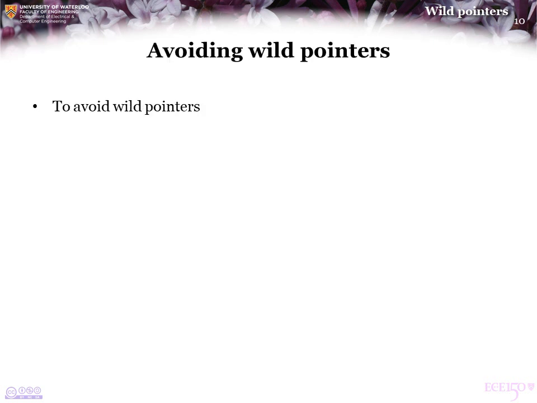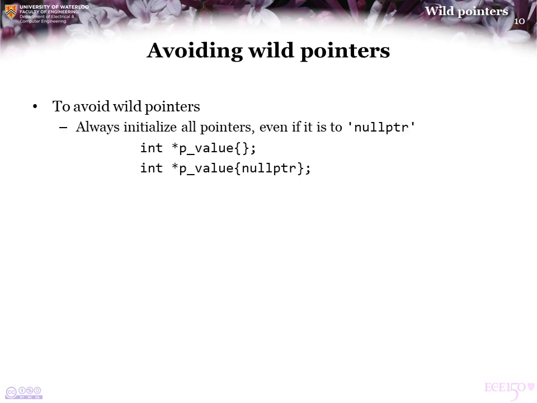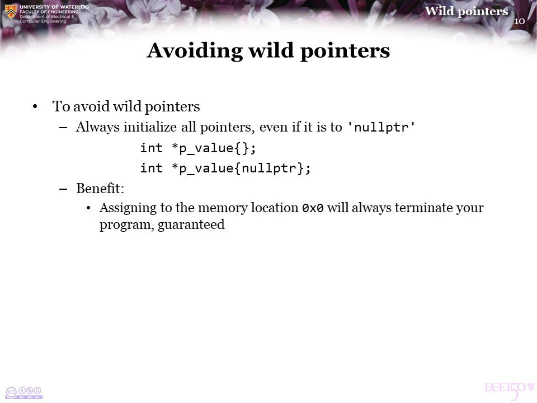All right, how to avoid a wild pointer. First of all, always initialize all pointers, even if it is to null pointer. Now, the default value is null pointer, but you may want to be explicit about that. Benefit: if you ever try to assign to memory location 0, the operating system will terminate your program, guaranteed.